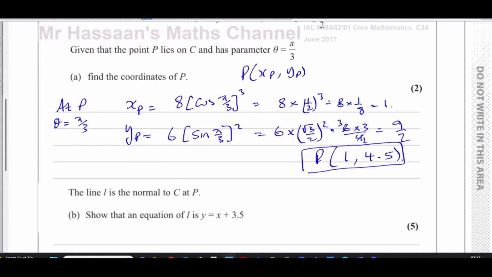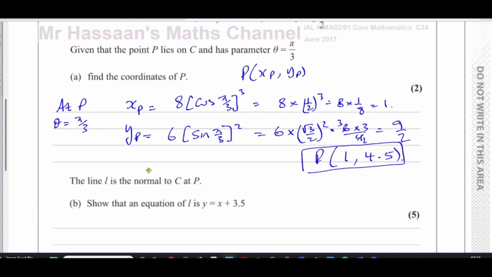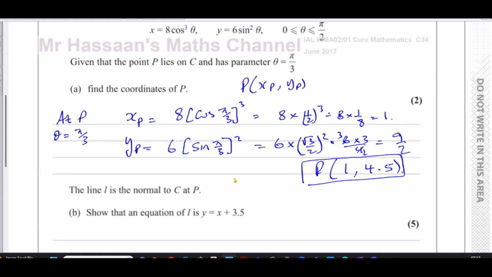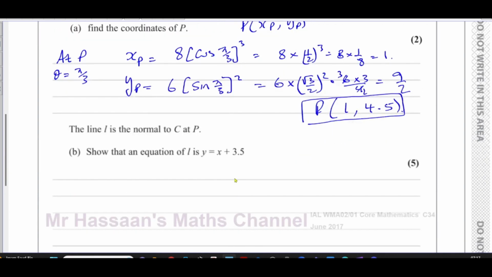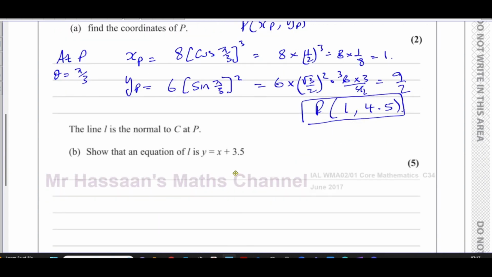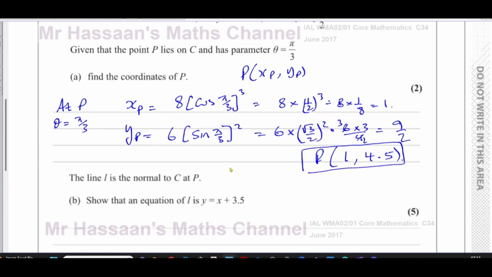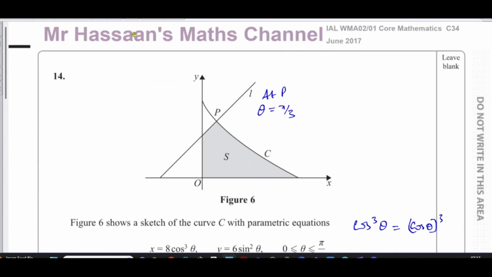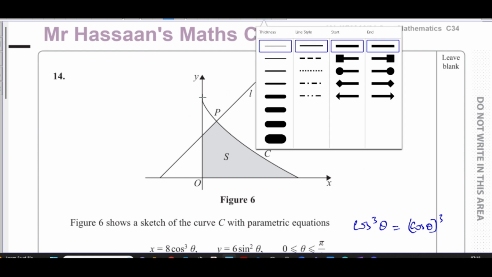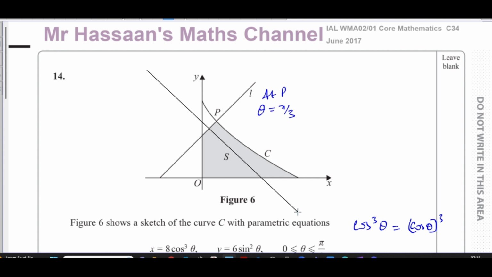Then it says the line L is a normal to the curve C at the point P. Now, at P there is a tangent to the curve, which shares the same gradient as the curve at that point.